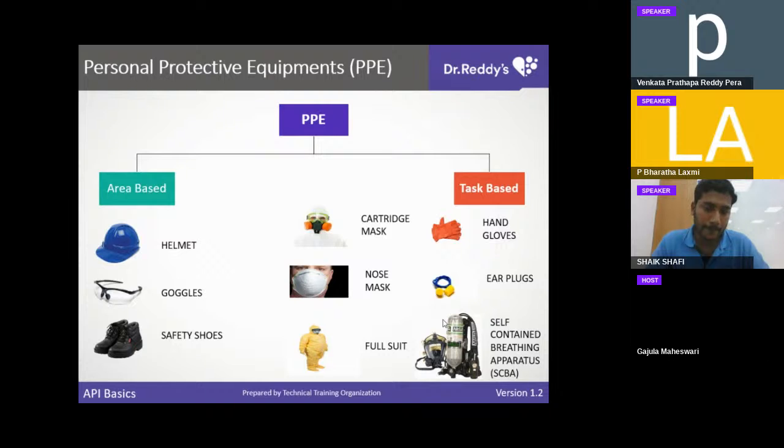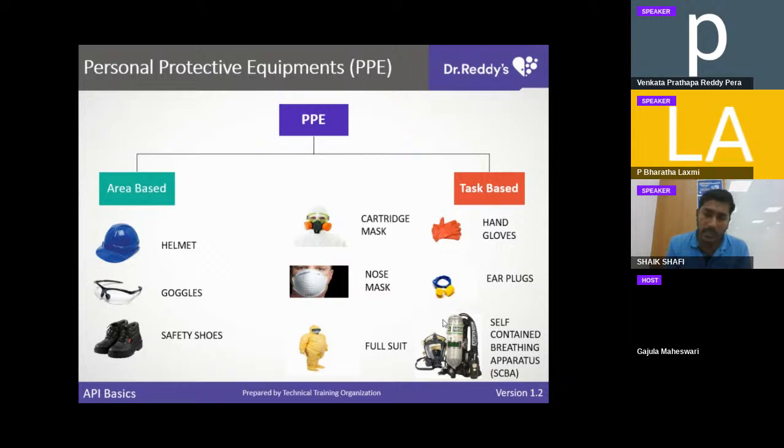Yes, Shafi, continue. Then coming to PPE. Personal protective equipment is basically used to protect from different types of hazards when we are working in the plant. Before PPE, we have different types of control. One is design control: when designing the system, we need to keep controls there to stop accidents.